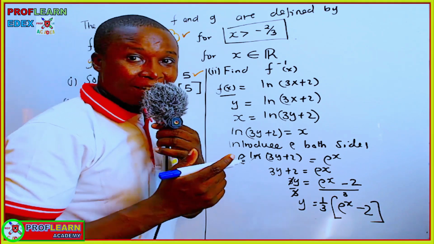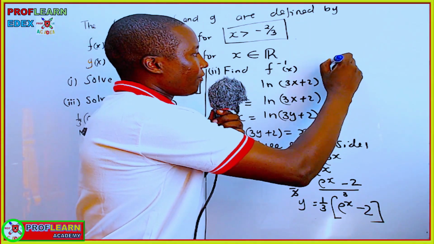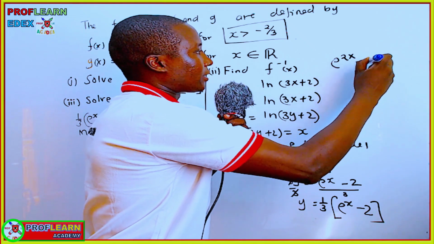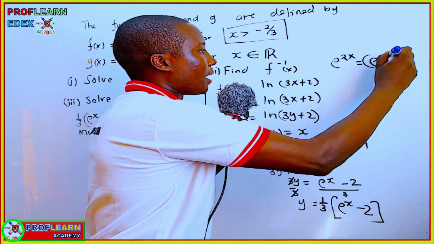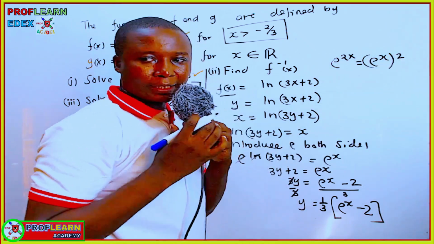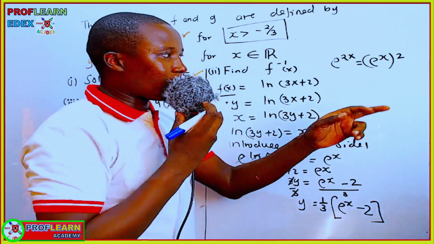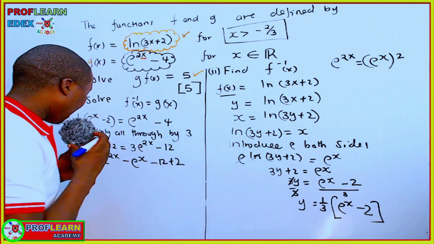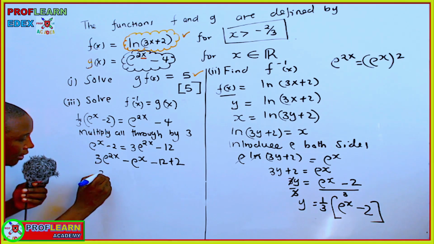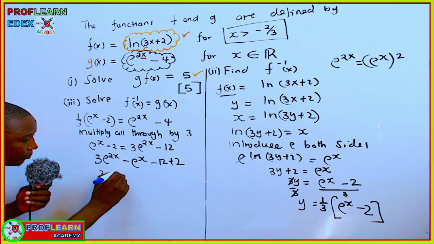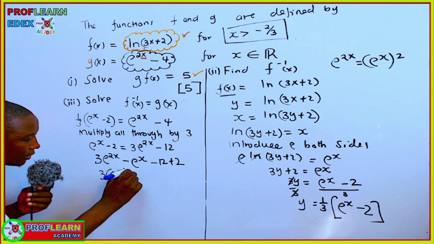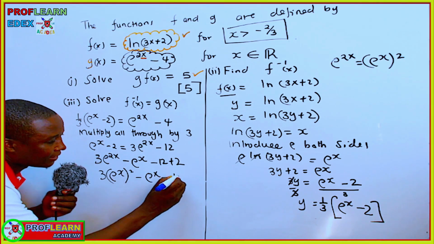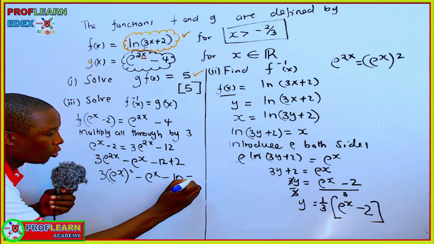Something I need to remind you is that e to the power 2x can be written as e to the power x raised to power 2, from the laws of indices. So I can write this equation as 3 into bracket e to the power x squared minus e to the power x minus 10 equals 0.